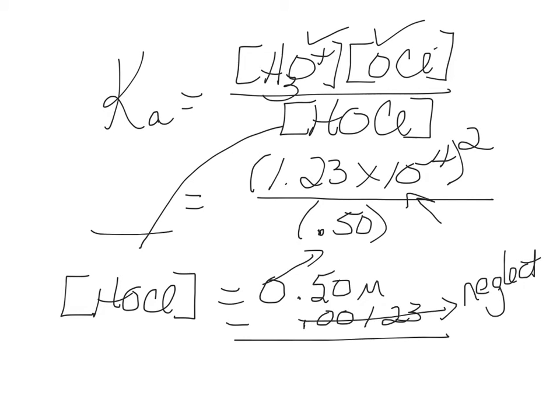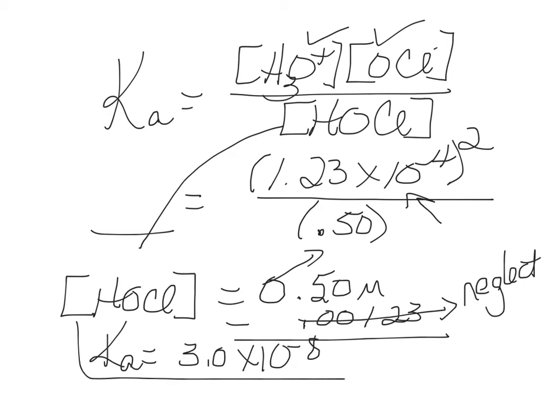And so that gives us a Ka value of, let's see, 3.0 times 10 to the, let me count zeros, minus 8. And that's it.